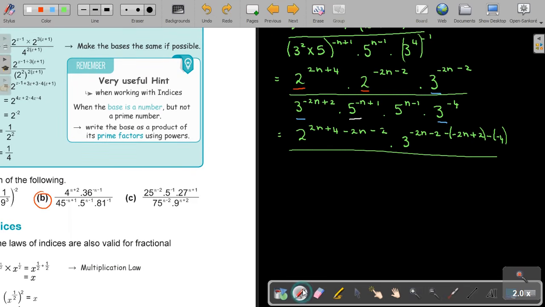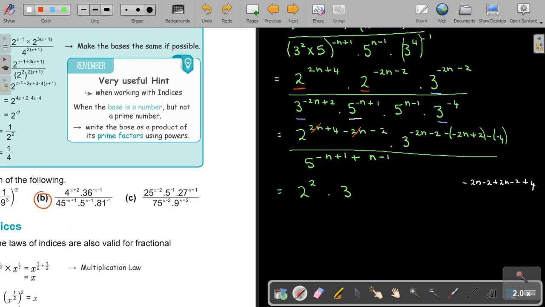Okay, so I get to the 5's. Just keep it at the bottom, because then it's just add. Now let's simplify the 2's. So what happens here? So 4 minus 2, that's going to be 2. Now I can do it here on the side just to show. So it's going to be negative 2n minus 2 plus 2n minus 2 plus 4.